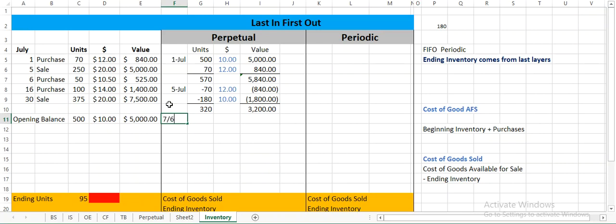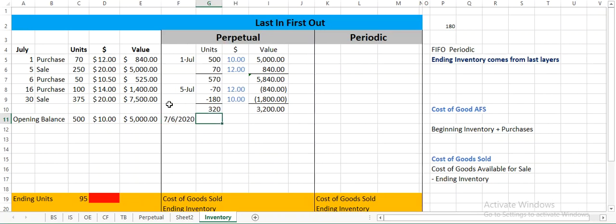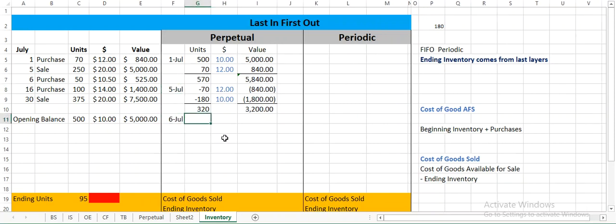Moving on, July 6th, we had another purchase. Need as much space as I can get. July 6th, we purchased another 50 at $10.50, and so the value is 525.